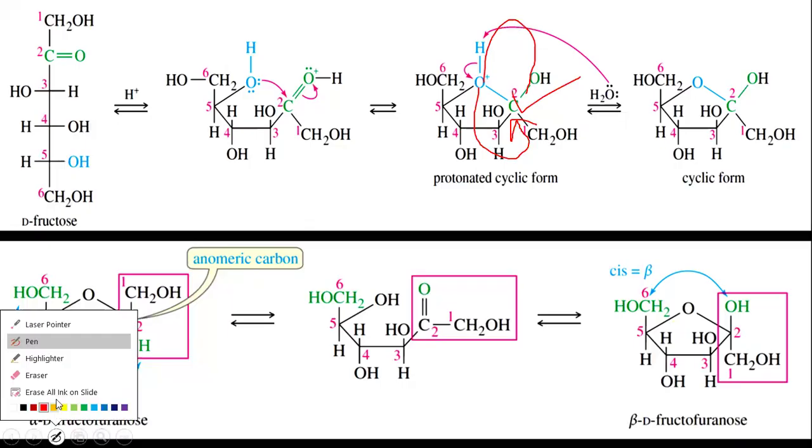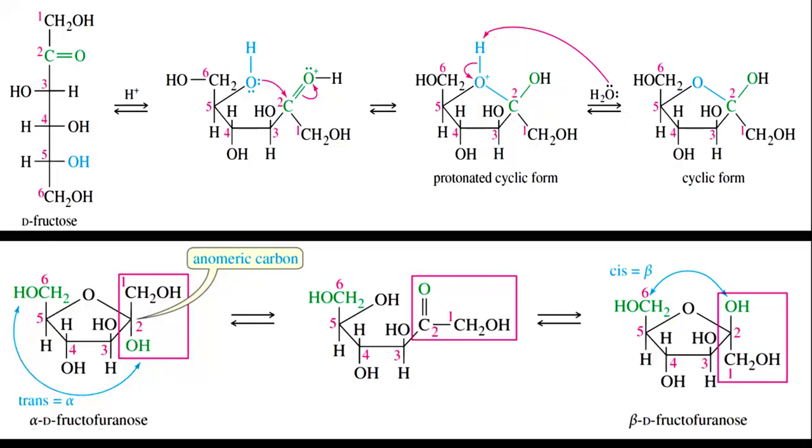Now, I wanted to tell you something which I previously did not mention, because in this particular slide it has been mentioned. You can see here what they have called trans alpha. The trans is called alpha, and the cis is called beta. Normally, when we mention the CH2OH group in the Haworth projection, we mention it in the axial position.